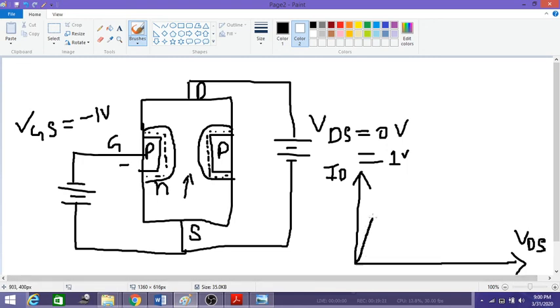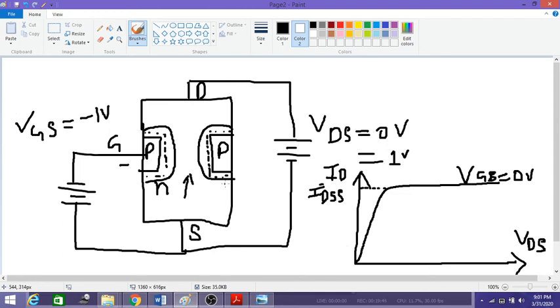This is the first graph which we had written, which becomes constant. This is nothing but your IDSS, the saturation current. This is the first condition, for VGS equal to 0 volts, the previous graph which we had written earlier.